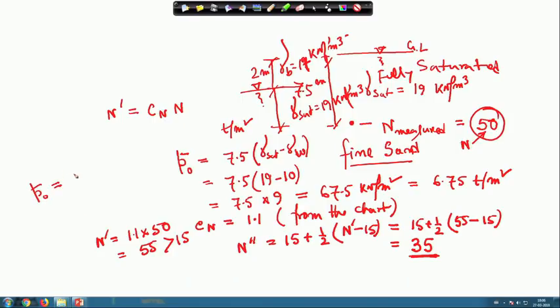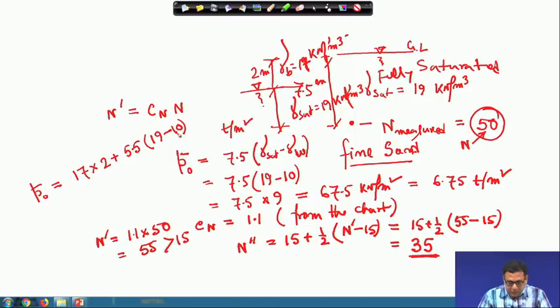P 0 bar will be 17 into 2 plus 5.5 into (19 minus 10). So, this is the only difference.